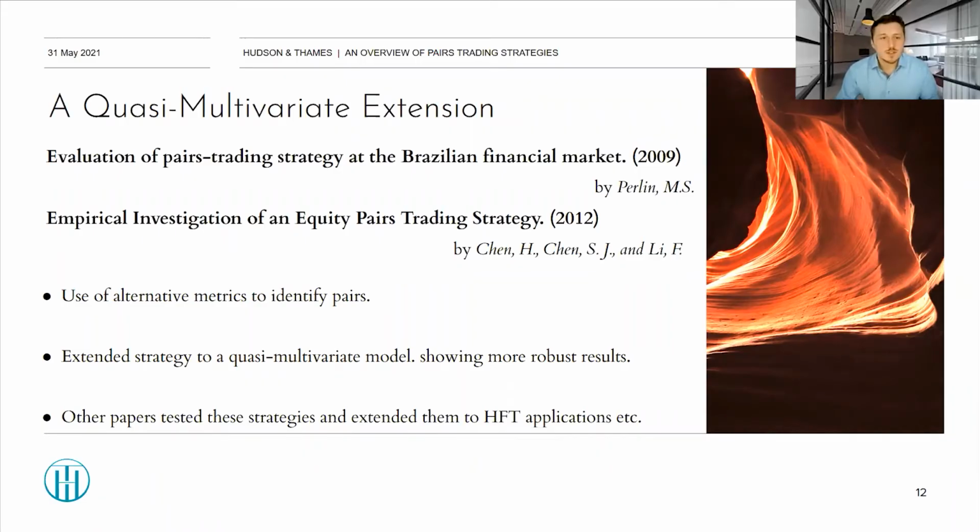You'll check this out tomorrow in more detail. But the upside here is that it showed more robust results, and since the papers were released a bit later, they had a broader backtesting timeframe, which showed improved performance in comparison to the standard Gatev and others approach.